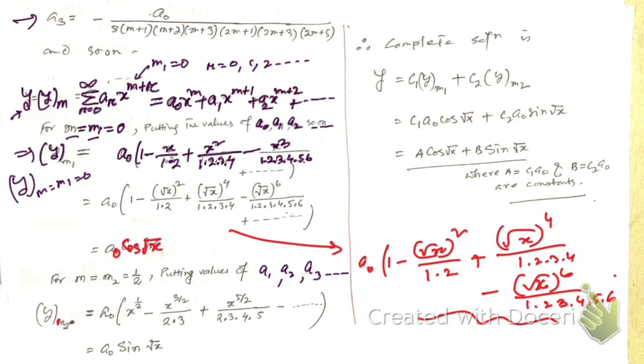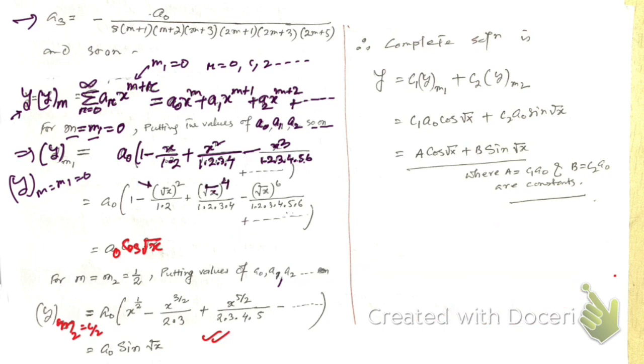Similarly, we can find y at m2, where m2 is equal to half, right? If we put the value of half, then we're going to get this series. Let me write it properly. This is m2, which is equal to half.